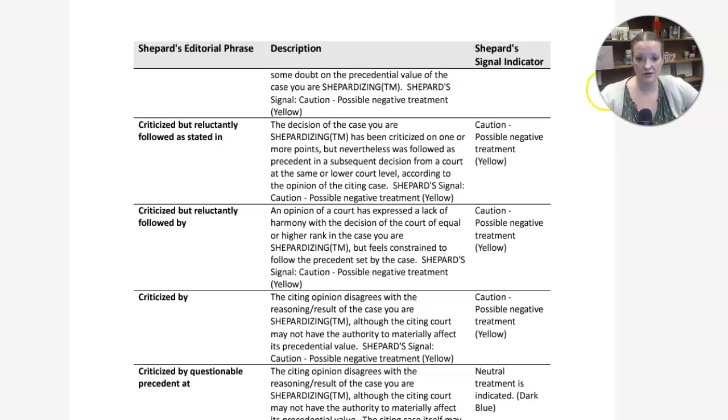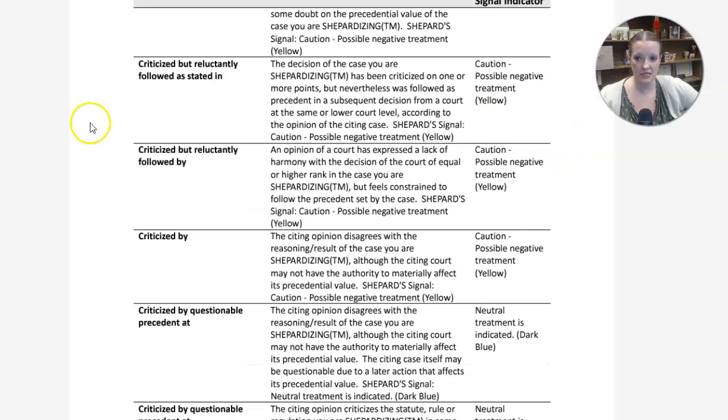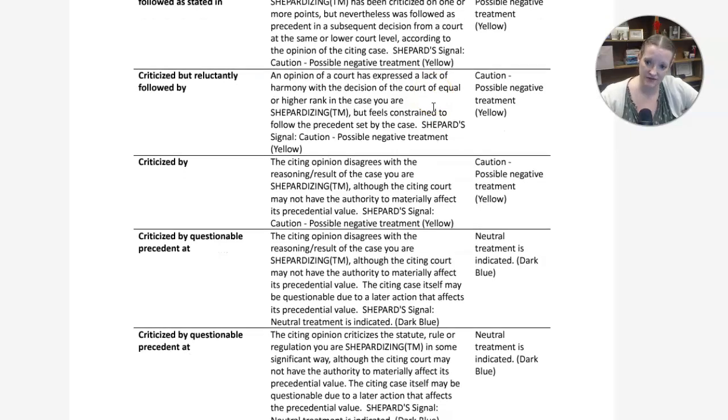So as you can see with these examples at top, Lexis has given us a caution signal indicator, but it could mean that the case was criticized, but reluctantly followed, as stated in this other case. It could be criticized but reluctantly followed by in a different way.